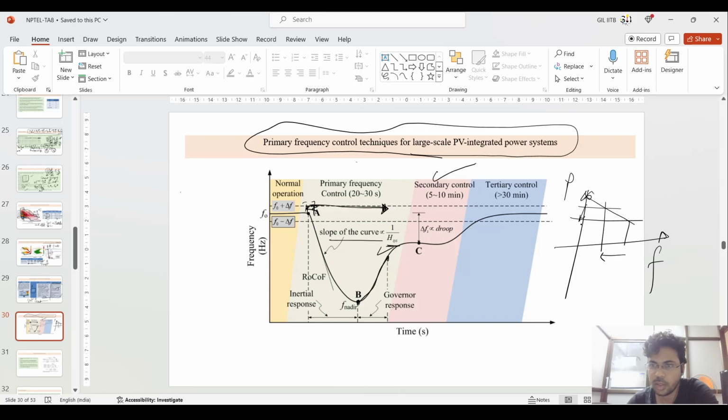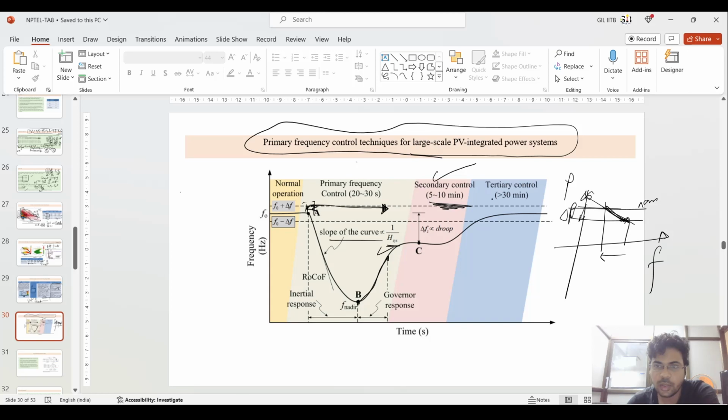If a sudden drop in power occurs, the frequency gets reduced. You see this delta F change and delta P change. In this situation, to maintain the frequency at the nominal value, you should increase the generation.